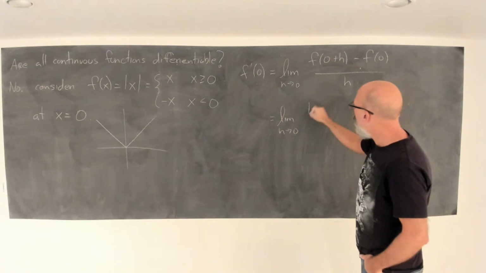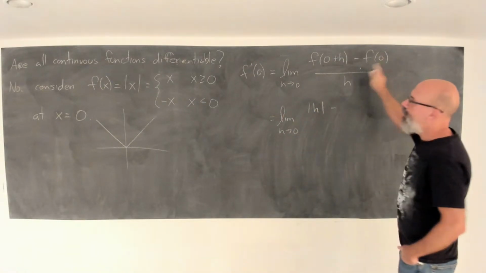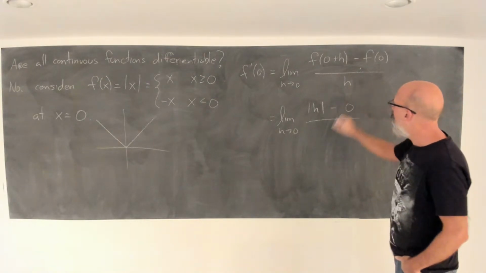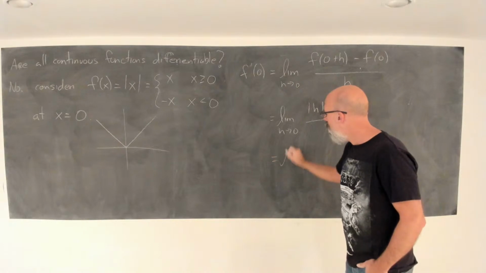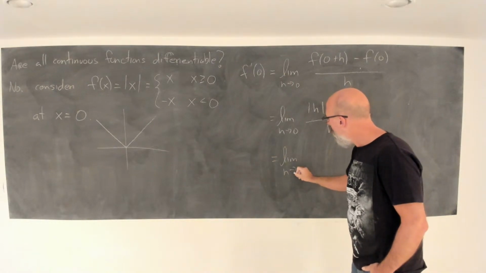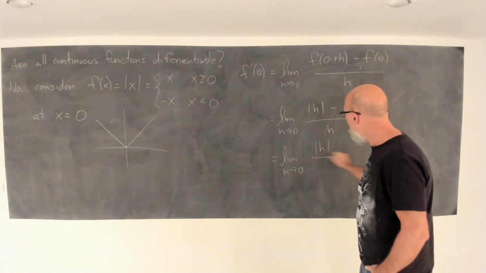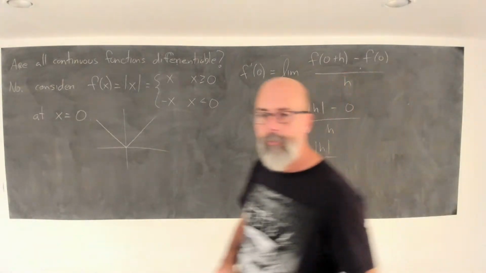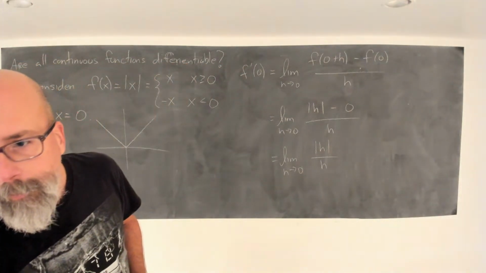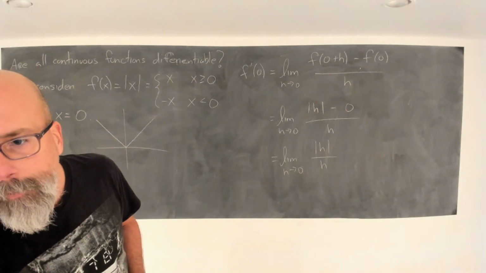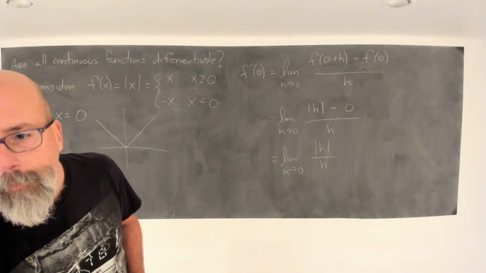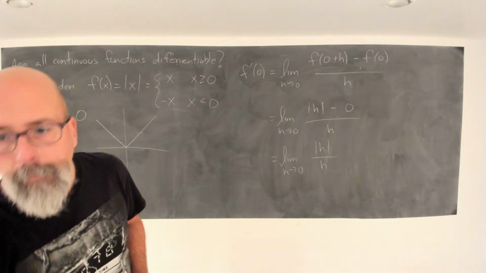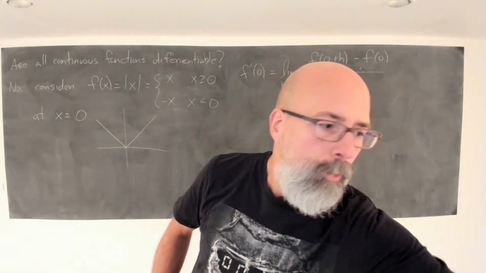Well, it's just absolute value of h. F of 0, you know the absolute value of 0. That's just 0 over h. So this is the limit we're looking at. Limit of absolute value of h over h. You know what to do.